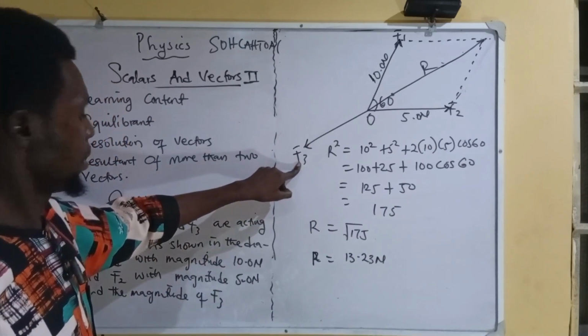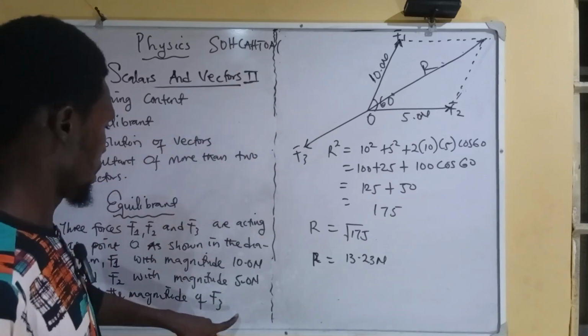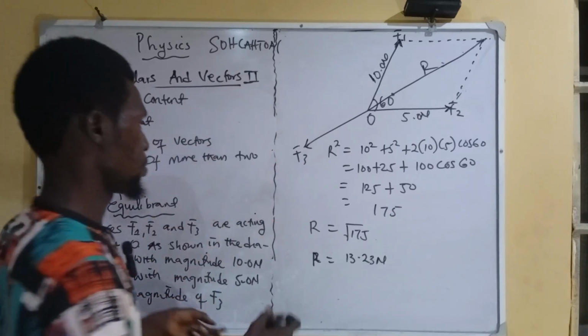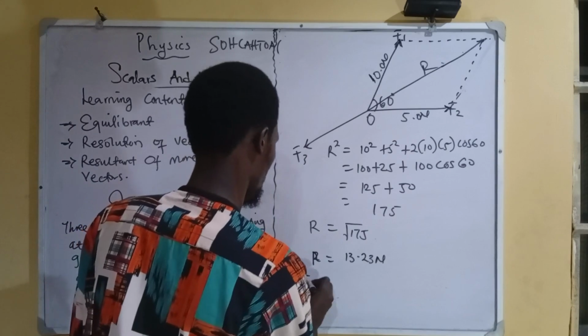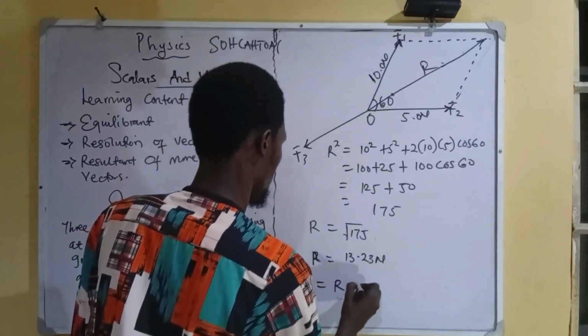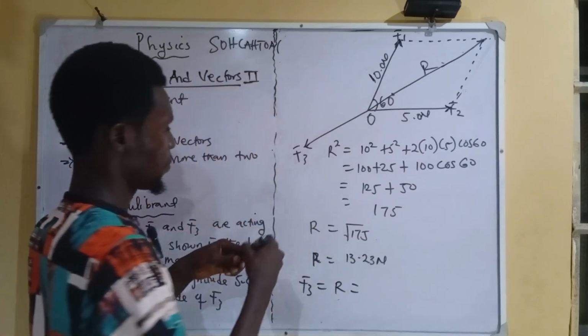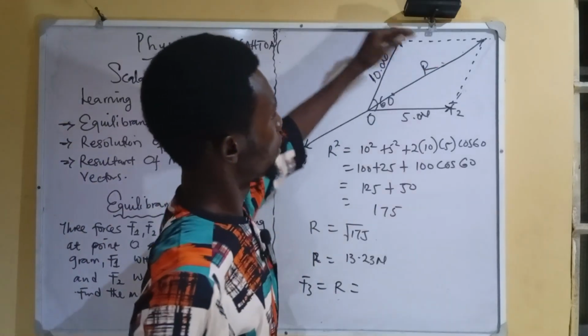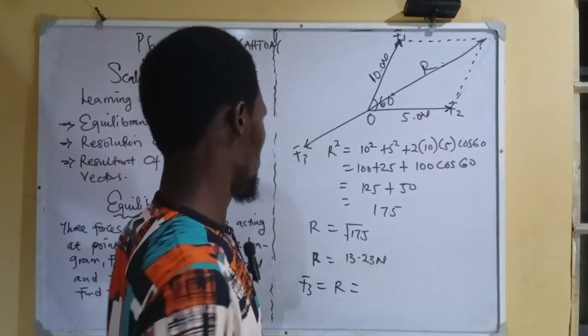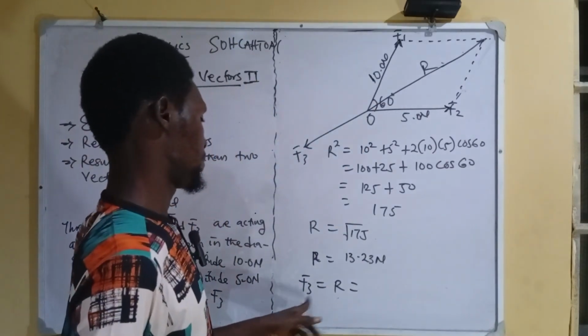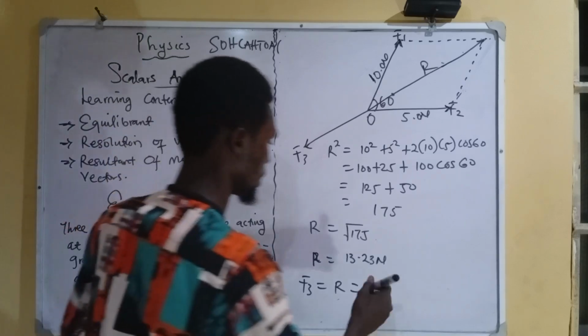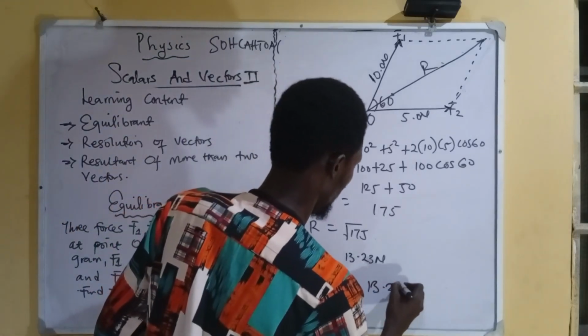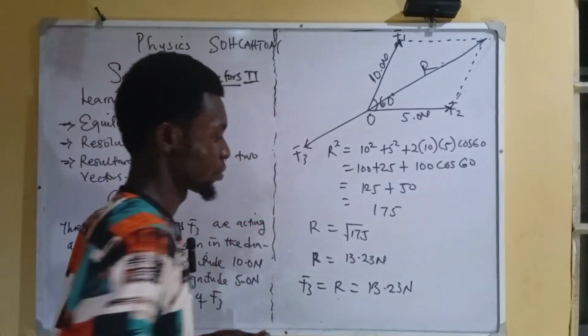The only difference is that they are in opposite directions. Since your F3 will have the same magnitude, because this force balances the forces acting together, your F3 equals the resultant, which is 13.23 Newton.